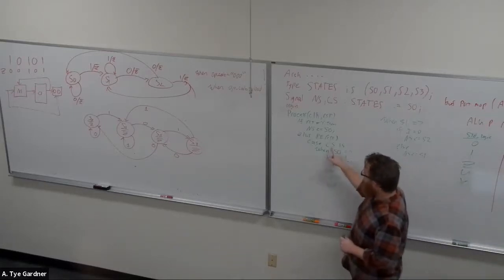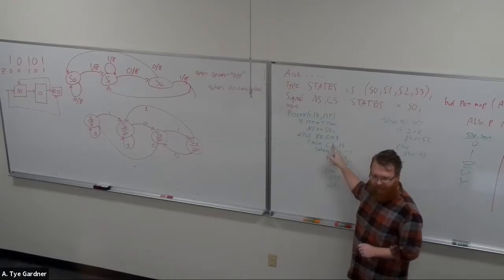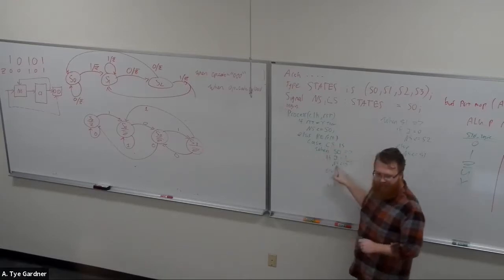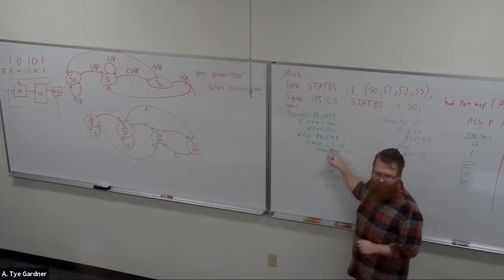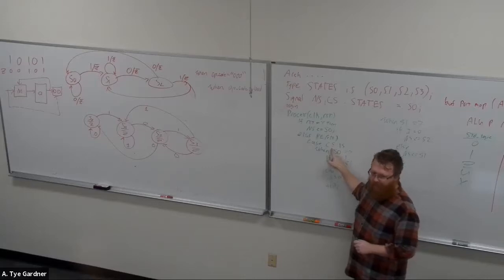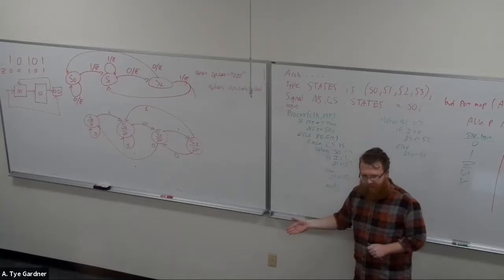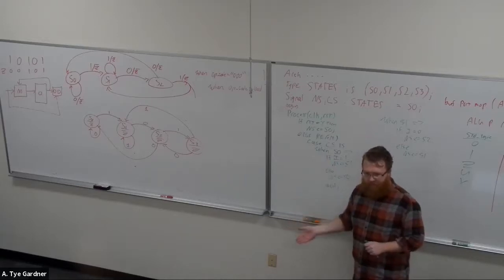So I am casing on current state, and I am assigning next state. So next state is currently changing, but I'm not evaluating next state, right? I'm not evaluating where do I go next. So I would need another process to take care of this.